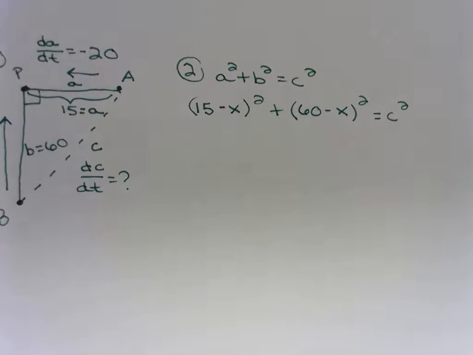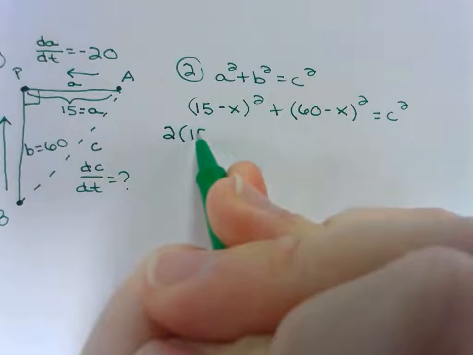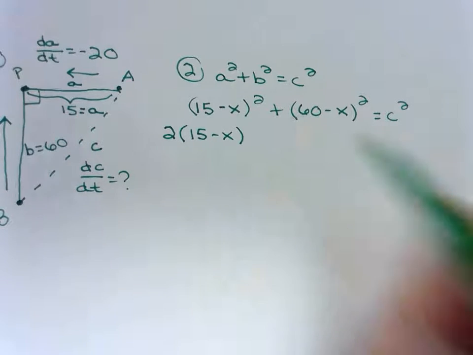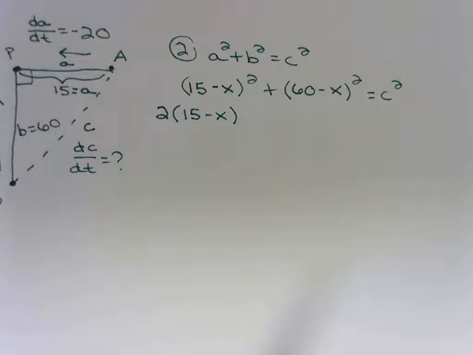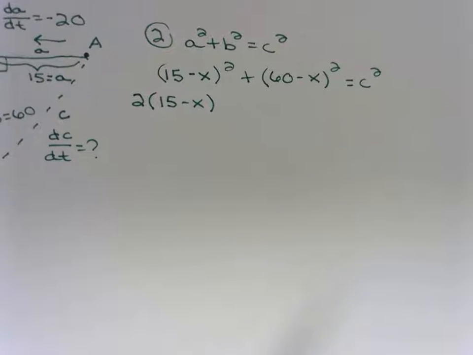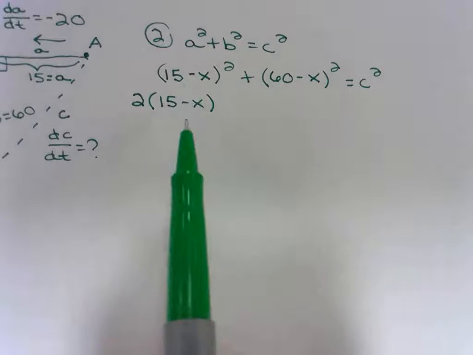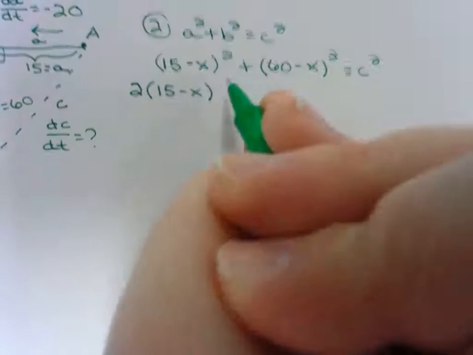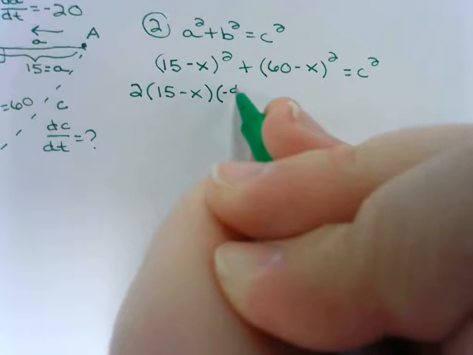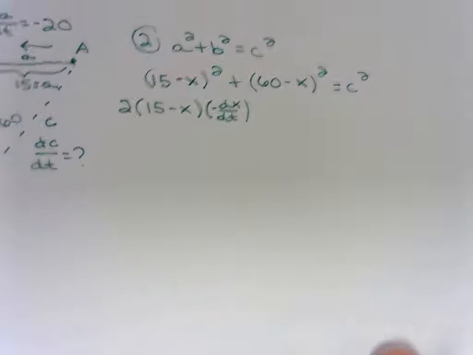So we're going to have 2 in front, 15 minus x. We're going to have the chain rule. Now if I take this derivative, if I do the chain rule, this is going to be a what? Negative 1. So this will be a negative dx dt. It's like we did yesterday.